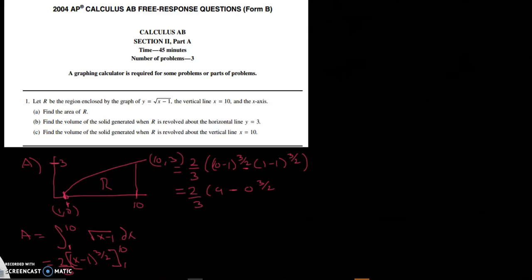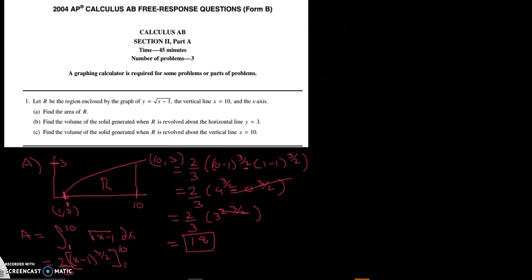Another way of writing 9 is 3 squared, raised to 3/2. So these are going to cross out. 3 to the 3rd is 27. 27 times 2 is 54, divided by 3 is 18. So that's our area. And I think using a calculator would have saved us a lot more time.